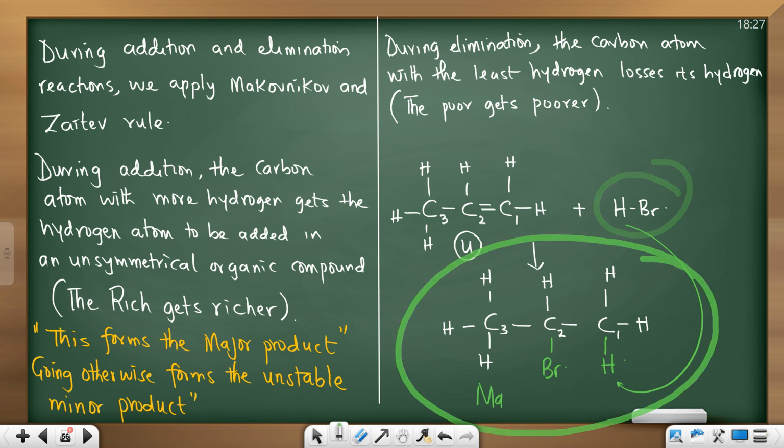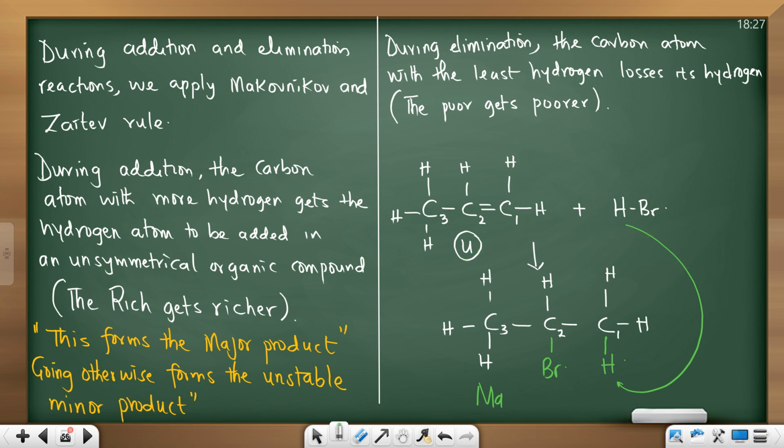Prop-2-yne? How can that be prop-2-yne? Yne means alkyne. What is this? Single bonds. It cannot be yne. Talk to me quickly. What is the name of this compound? 2-propane.